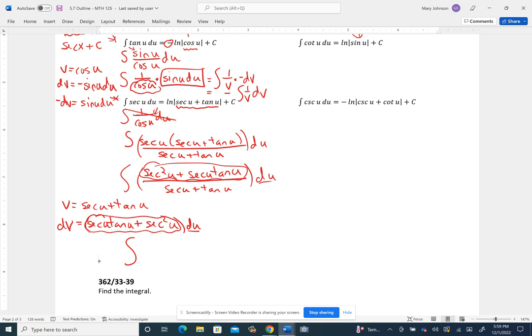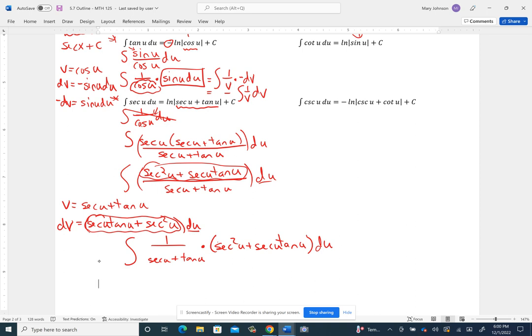So this problem is really 1 over secant u plus tangent u, times all of that du. Right now, this is not something you have to do. This is just showing why the rule turned out the way it did. Then you just have to be able to use that rule.